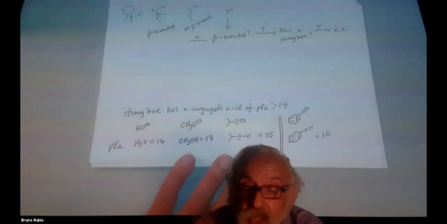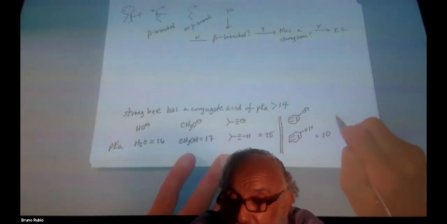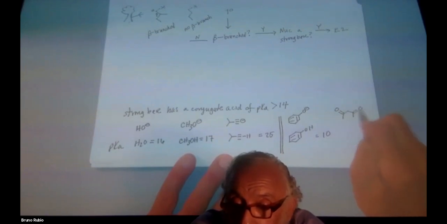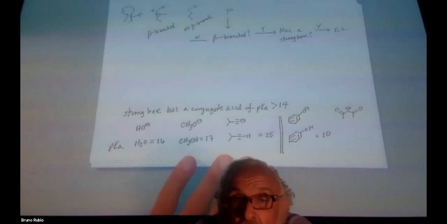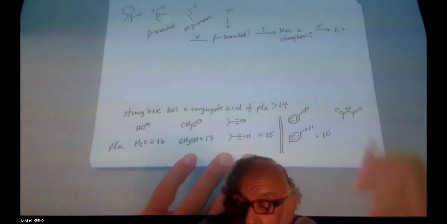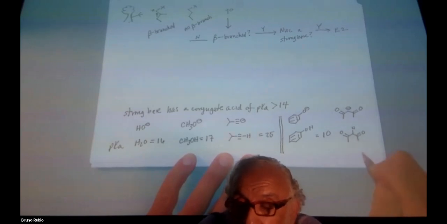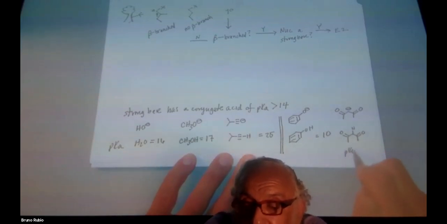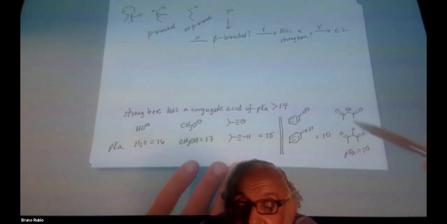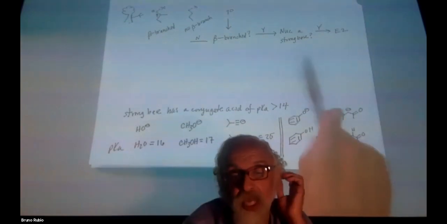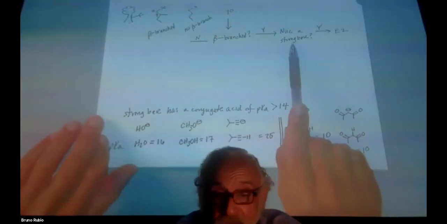Something else that is not a strong base would be maybe something like this. This alpha carbon that has that negative charge tucked between two carbonyls, its conjugate acid, which would look like that, also has a pKa of about 10. So this is not a strong base. It's a base, but it's just not considered a strong base. Okay, so that's how we can clarify the use of this term here, strong base.